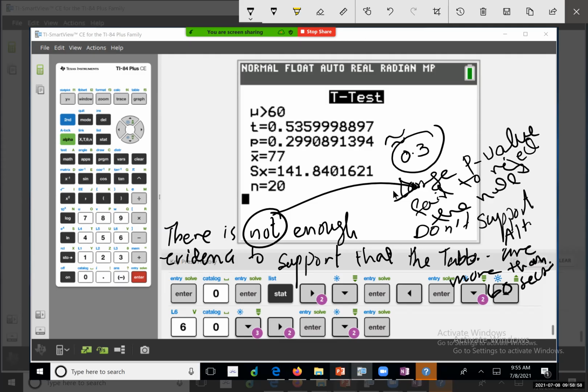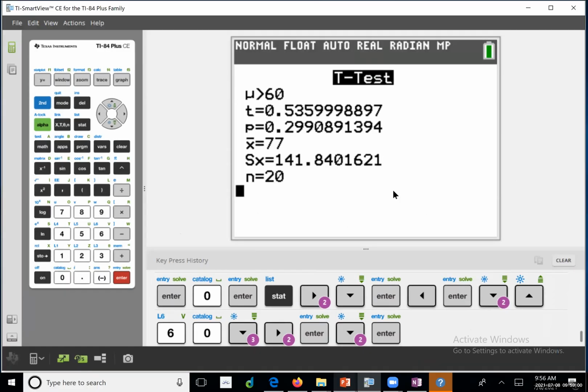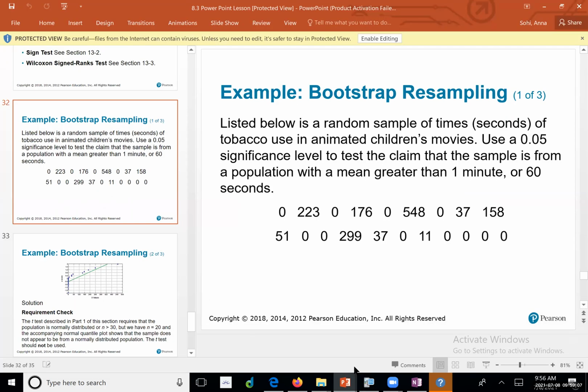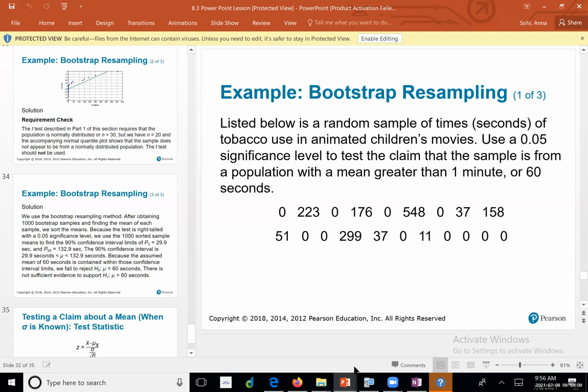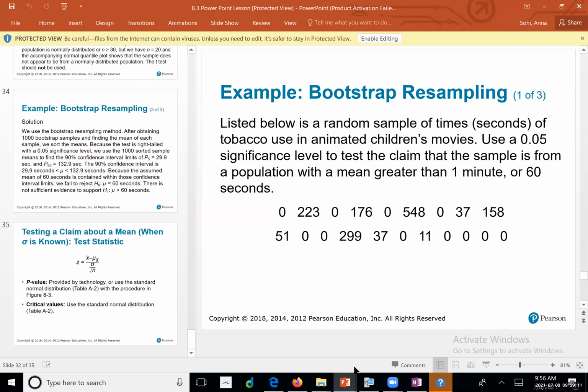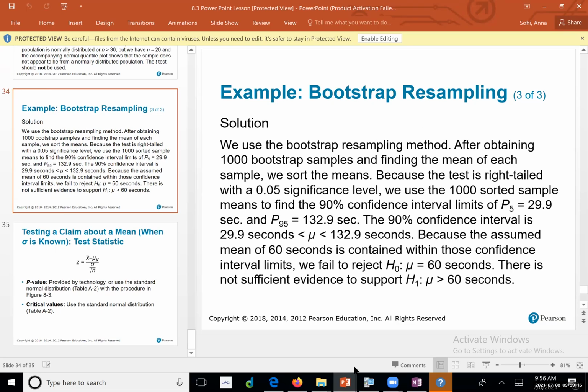Okay, so let's go to the PowerPoint. There's not sufficient evidence to support that the mean is more than 60 seconds.